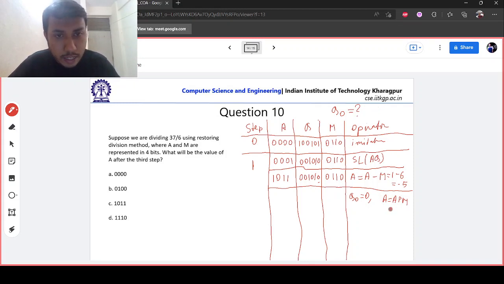A is minus 5. What is M in this case? 6. So that will be 1. So the value will be 0 0 0 1, 0 0 1 0 1 0, and the M value will remain the same.